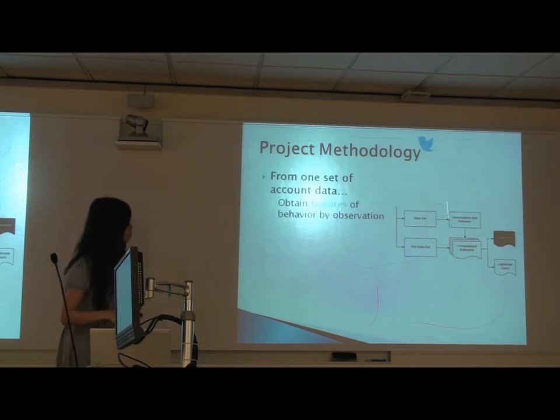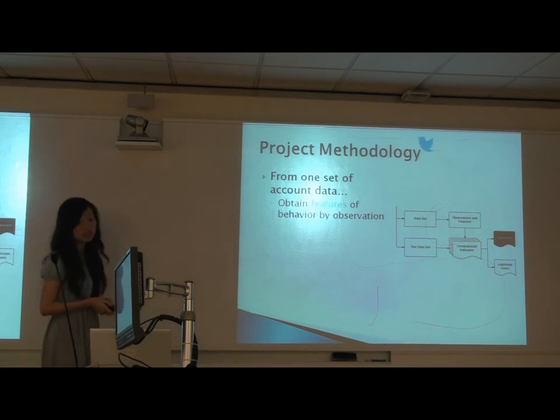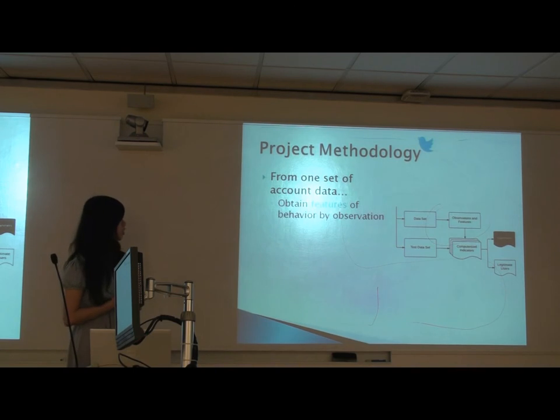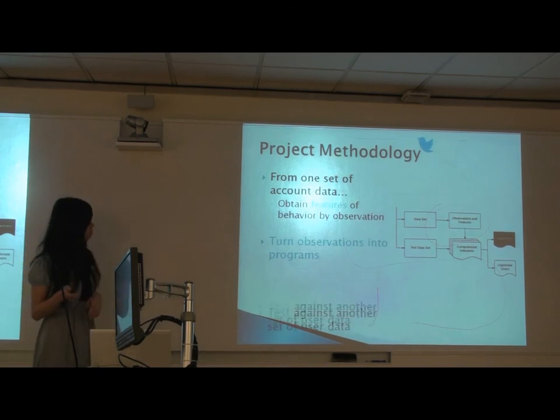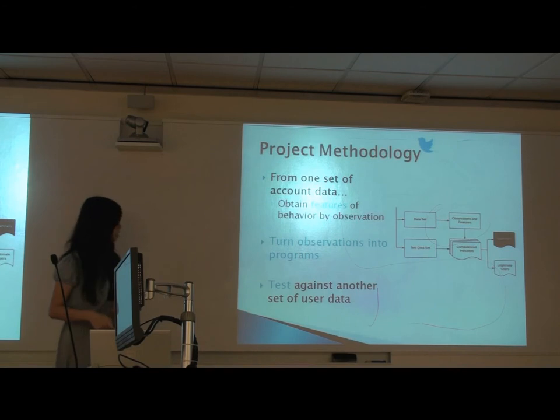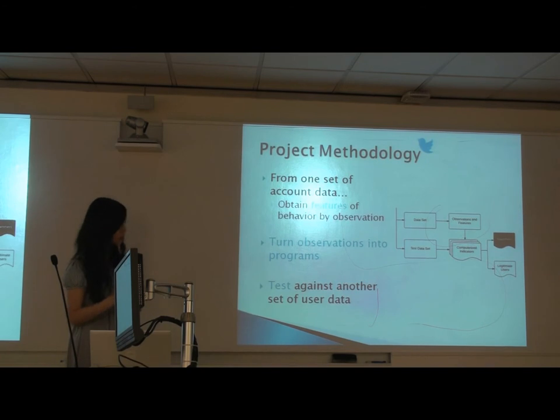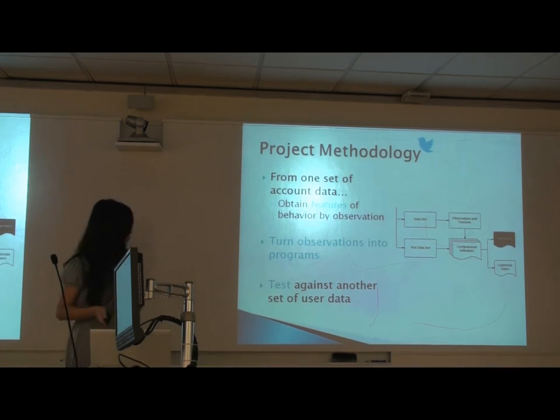From the two sets of data here, we can see that from one set of account data, I will obtain features of behavior by observation. And after that, I will turn observations into programs. And lastly, I will test against another set of users to validate that the indicators are effective and useful.